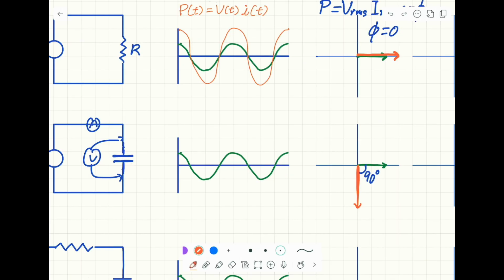In the time domain, this is how I will draw it. So the angle between the current and the voltage is 90 degrees, and this is the phi.